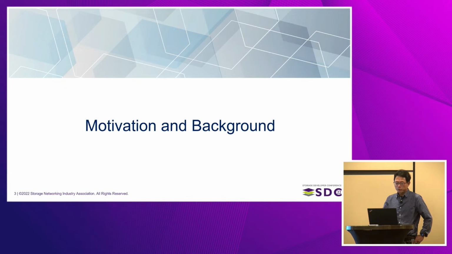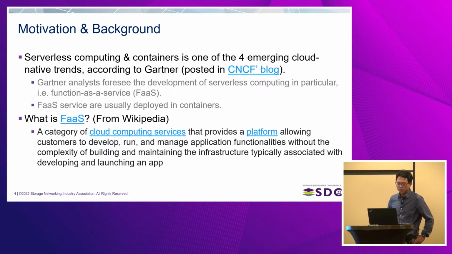So, motivation and background. Everyone knows this, but just a quick recap. FaaS stands for function as a service. There is a definition from Wikipedia: it is a category of cloud computing service which provides platform-level capability, enabling customers to develop, run, and manage applications without the complexity of building applications and the infrastructure.